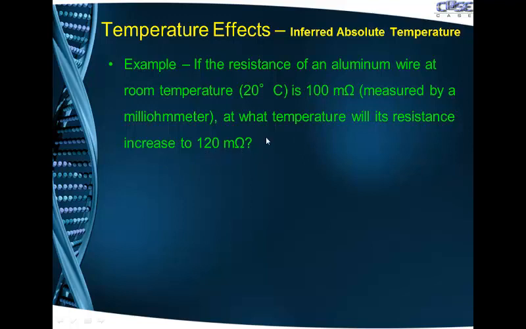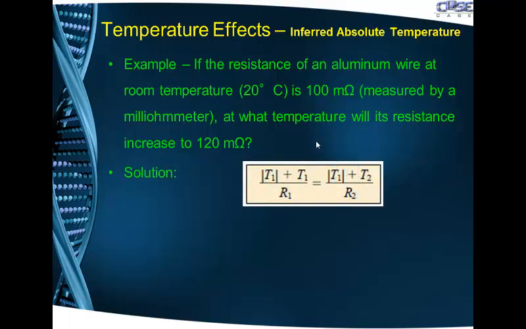Since aluminium has a positive temperature coefficient, I can guess that as the resistance increases, the temperature would also be higher than 20 degrees centigrade. Let's see, by using the relationship I can compute the value of temperature T2 where the resistance R2 is 120 milliohm.